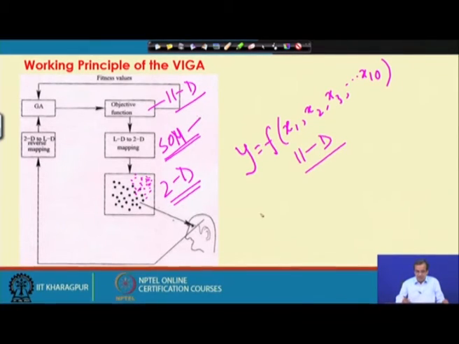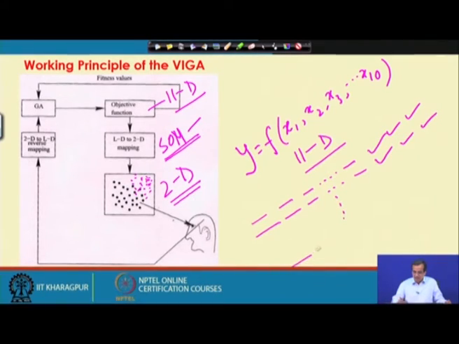The information, like the higher dimensional information and the lower dimensional information, those things are remembered by the algorithm. So, I have got a huge data, this corresponds to the higher dimension and this corresponds to the lower dimension.